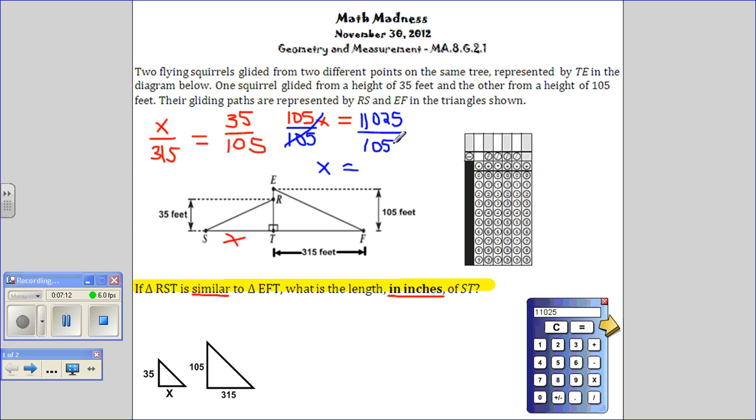On the other side, let's go back to the calculator. We already have 11,025 in. Let's say divide by 105 equals 105.